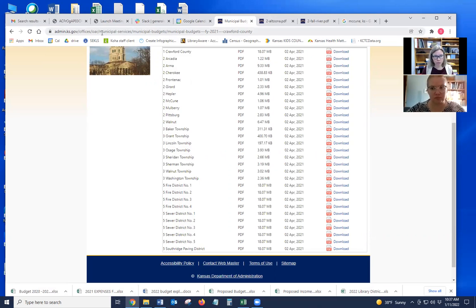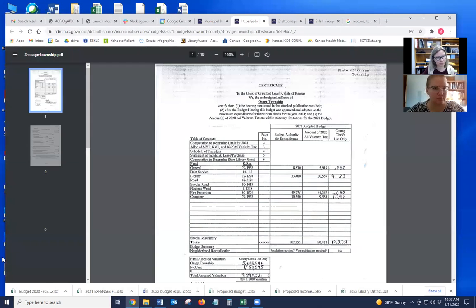So you can go to this website, amend.ks.gov, and find your county, and then within your county, find your last year's budget. So Morgan, you said you're Osage Township, correct? So it should be, yes. If I click on this and download it, there you go.